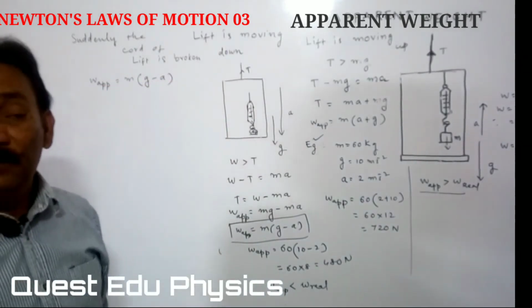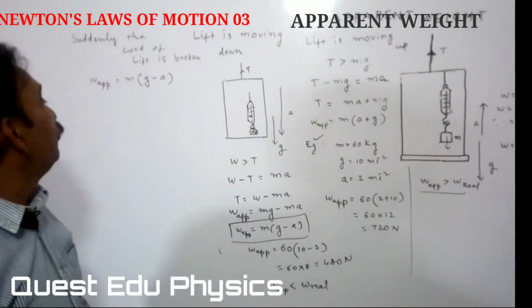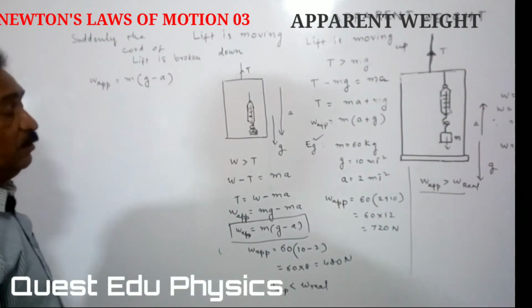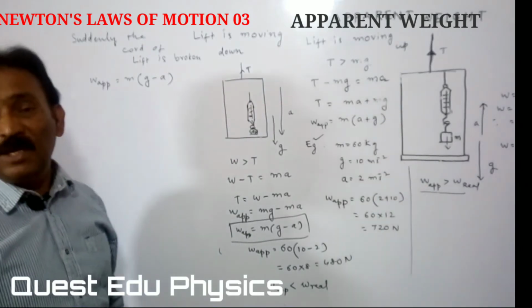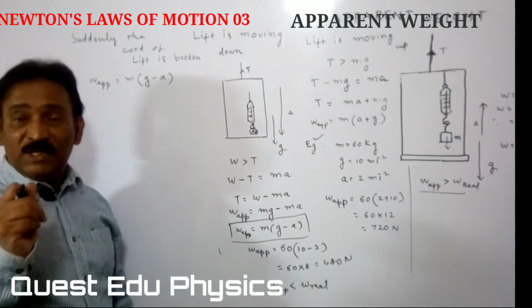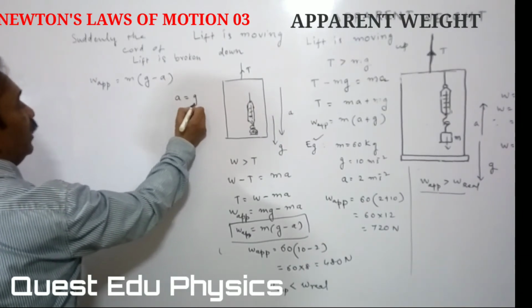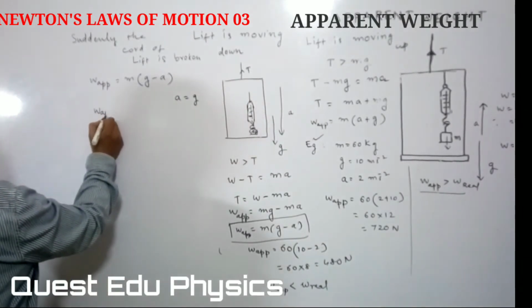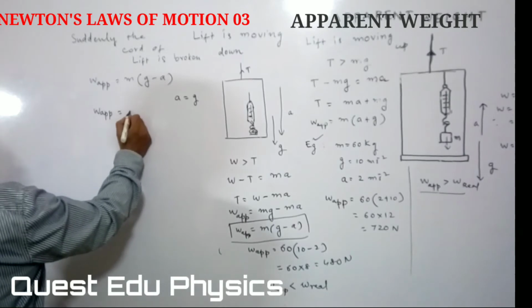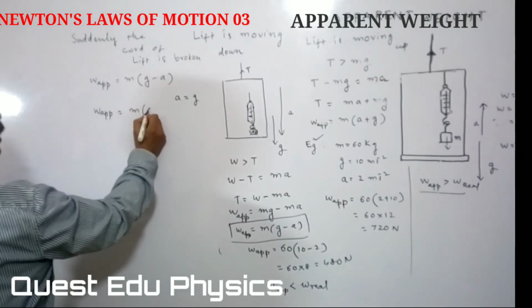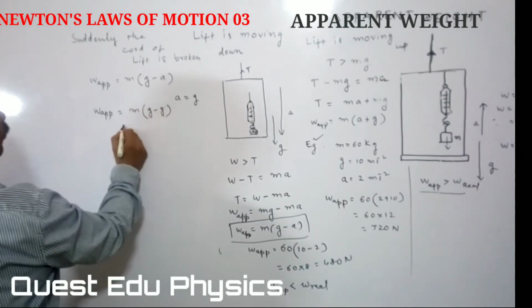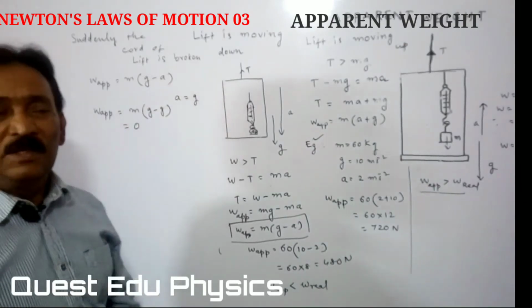And you know that any body which is falling under gravity experiences an acceleration equal to the acceleration due to gravity. In this third case, a is equal to g. Just substitute the values: m(g minus g) is equal to 0.